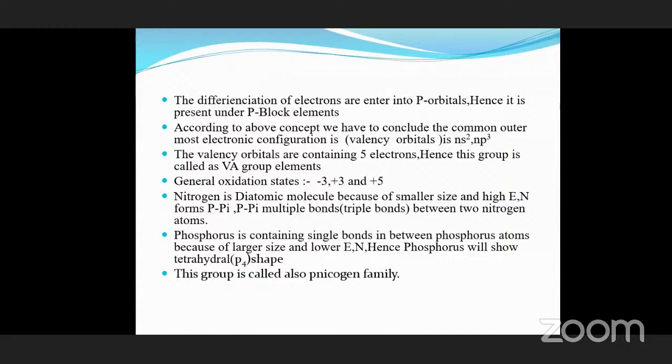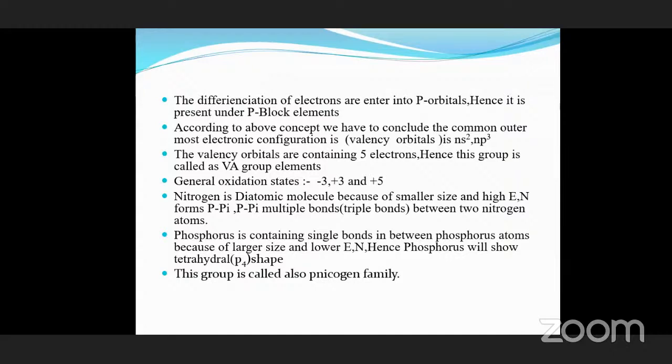Then this group is also called the pnictogen family. What is the meaning of pnictogen family? Nitrogen and phosphorus atoms create strange smells, strange feelings.